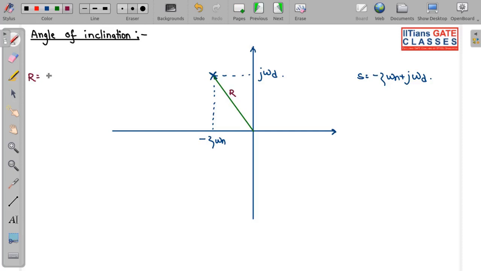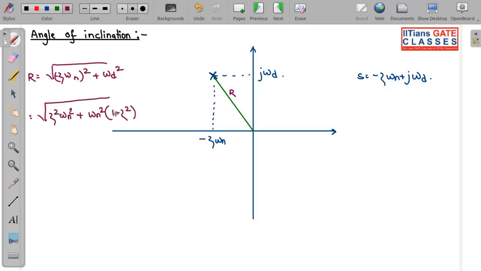So r is equal to under root of (minus zeta omega n) square plus omega d square. So this is under root of zeta square omega n square plus omega d square. Omega d we know is omega n times square root of 1 minus zeta square, so omega d square is omega n square into (1 minus zeta square). You can see the zeta square terms cancel out each other. Only thing remaining will be omega n square. So r comes out to be equal to omega n.